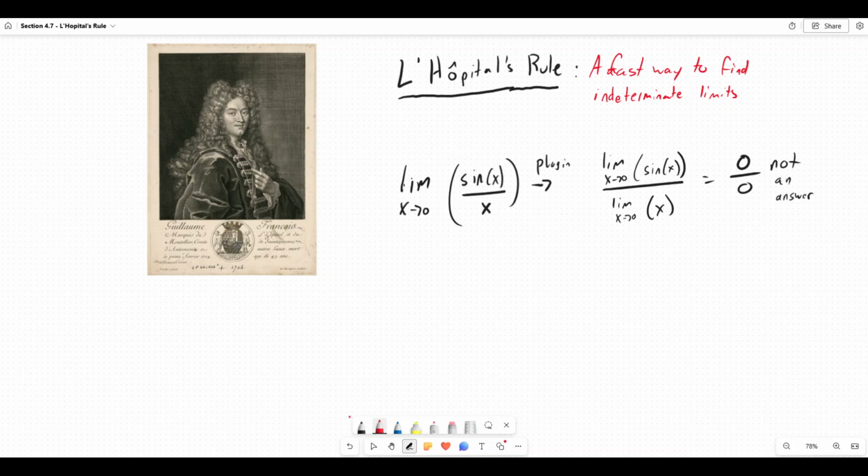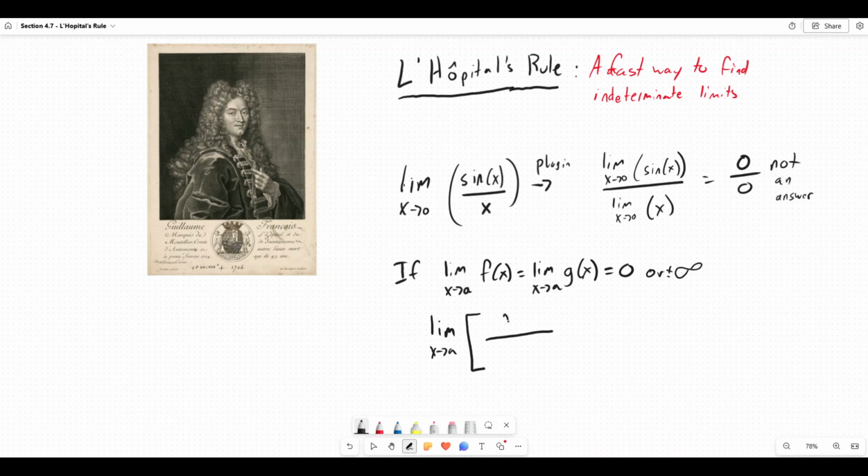So, here's what L'Hôpital's rule says. If the limit as x approaches a of f of x and the limit as x approaches a of g of x are both 0, or infinite limits, then the limit of f over g is going to equal the limit as x approaches a of their derivatives, f prime over g prime.